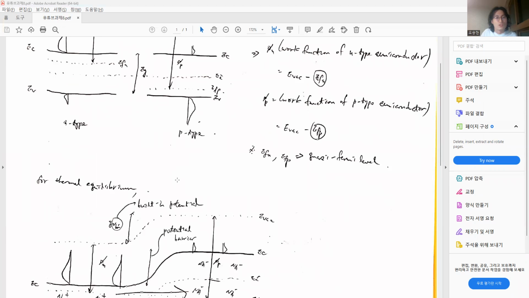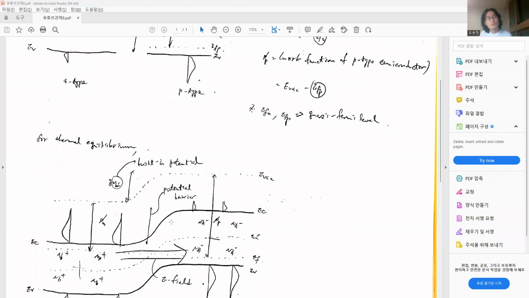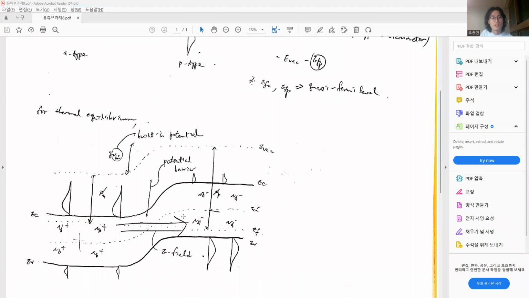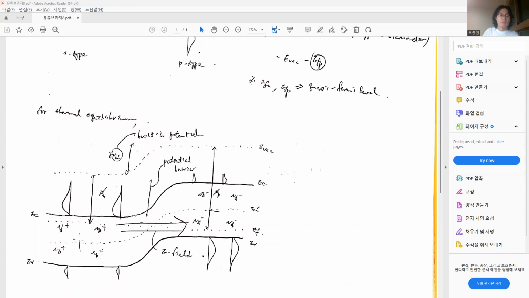So for here, the middle side of the band shape is curved like this, and as a result, we can make the Fermi level energy of each type of semiconductor in the same level.